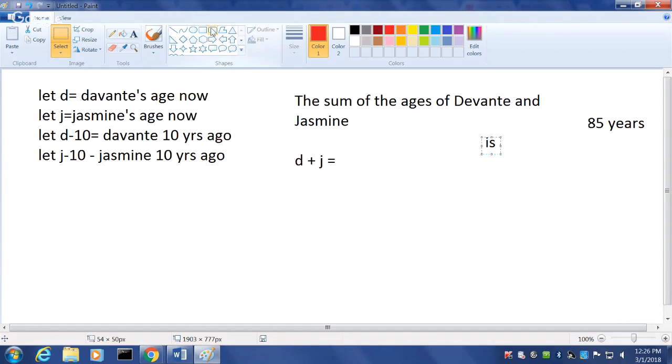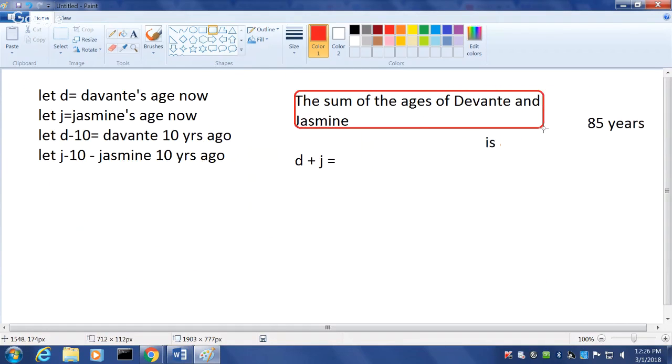Now, first thing, the sum of the ages of Devante and Jasmine, I asked you how to translate it. You told me this, and that's good. Next, we talked about is. We translated that. And now what we're about is trying to translate this last expression.